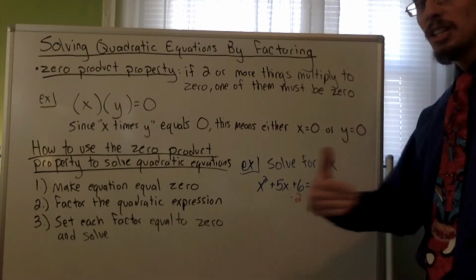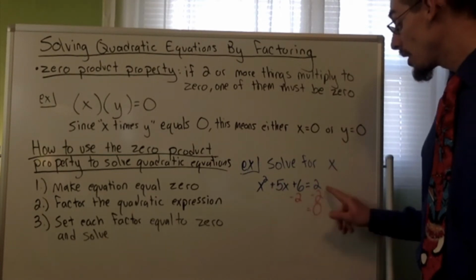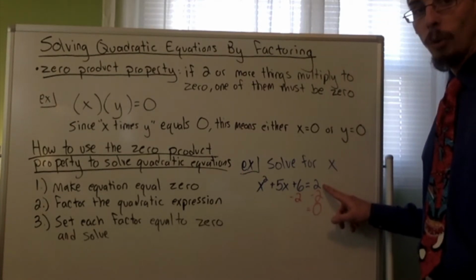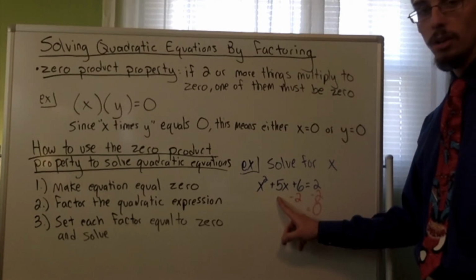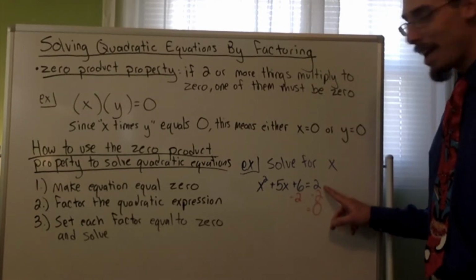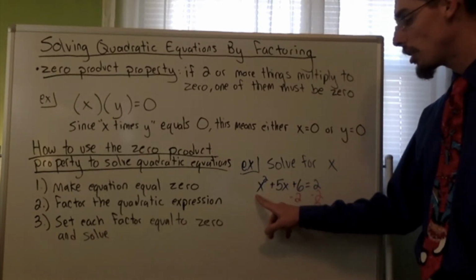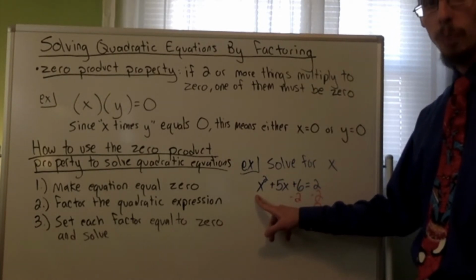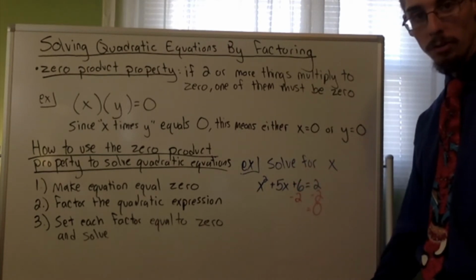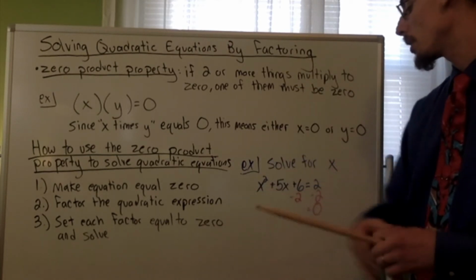Remember like terms, right? This 2 does not have an x, so I couldn't combine it with this 5 that has an x. It does not have an x squared, so I could not combine it with the x squared. I can only combine a 2 with another number, another constant term.